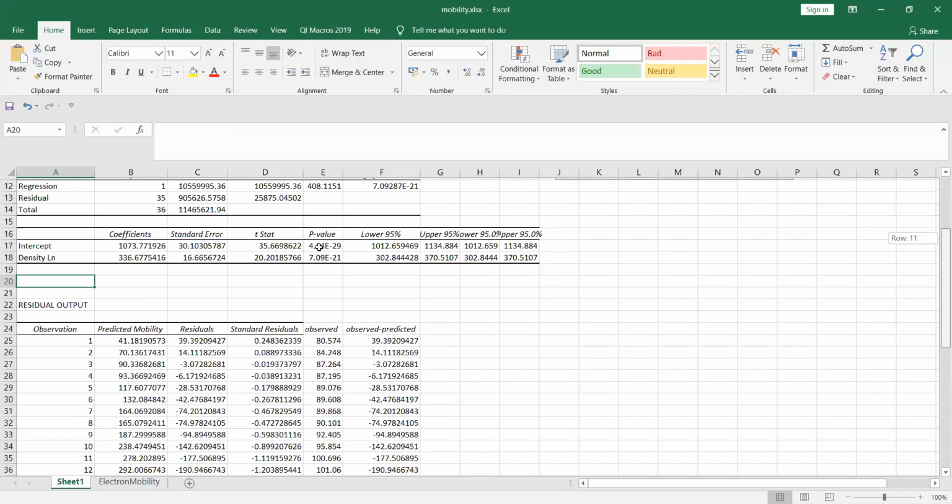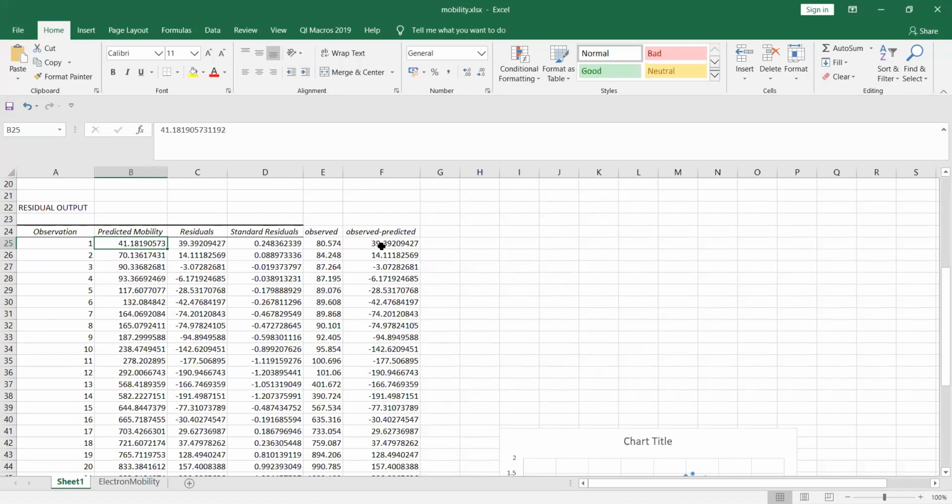So I just copied the observed value and predicted value, and I got this residual. The residual calculated by your Excel formula gives me the same. The standard residuals are the standard deviation in the errors. Now if I plot a graph of this standard residual or residual, I get this.